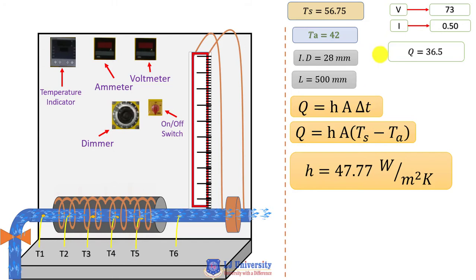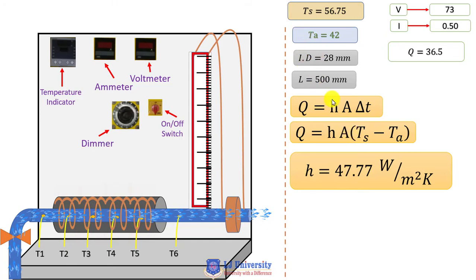Now we know how to calculate the value of the convective heat transfer coefficient. We can easily calculate the value of H by using Newton's law of cooling, which is Q equals hA delta T. In this equation, delta T is our temperature difference, which is Ts minus Ta. Area is the surface area of this cylinder, which we can calculate by using the equation pi dl.